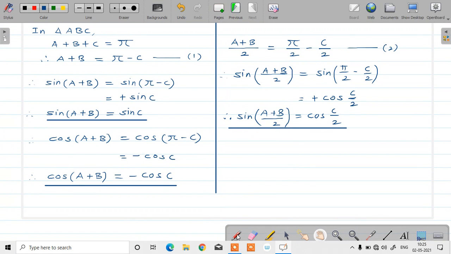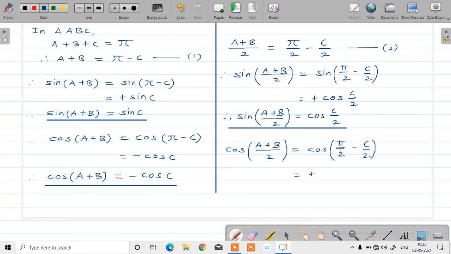Now next, similarly, if you apply the cos ratio to equation number 2, then we get cos((a plus b) upon 2) is equal to cos(pi by 2 minus c by 2). Now again, by the allied angle formula, pi by 2 minus c by 2 lies in the first quadrant, so it will be plus.